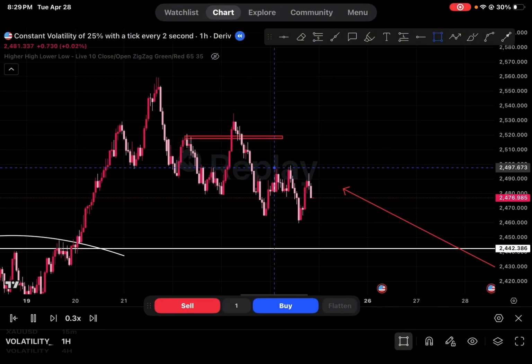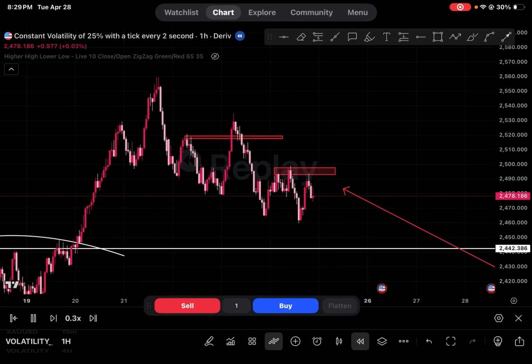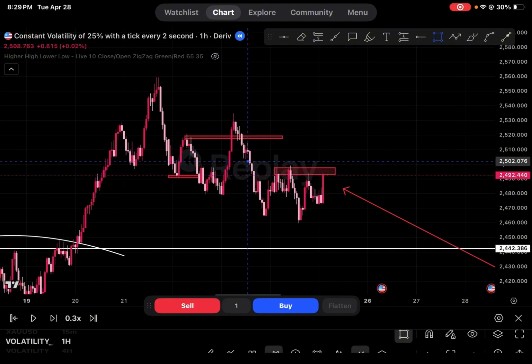Let's just track the lower highs. And another thing to know, guys: track your lower lows. Lower lows being broken, still in a downtrend.